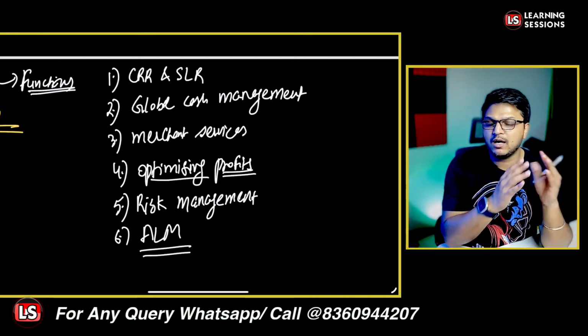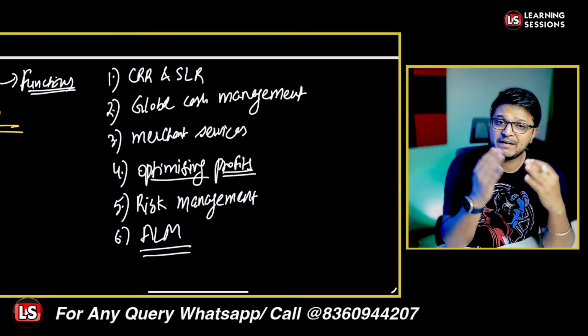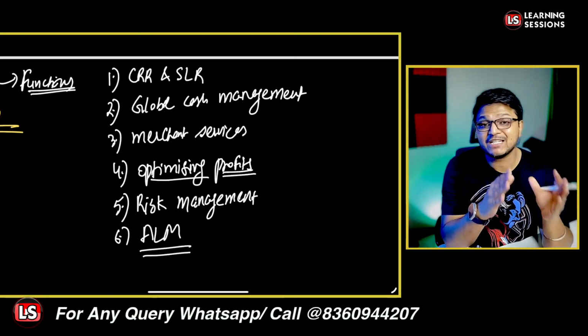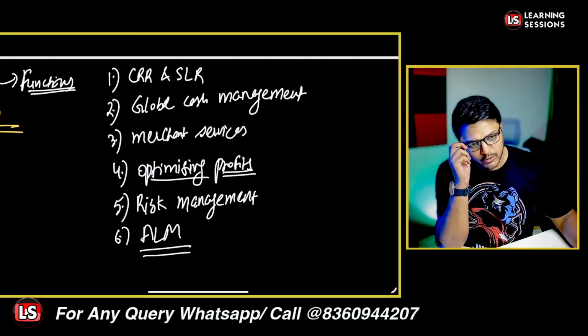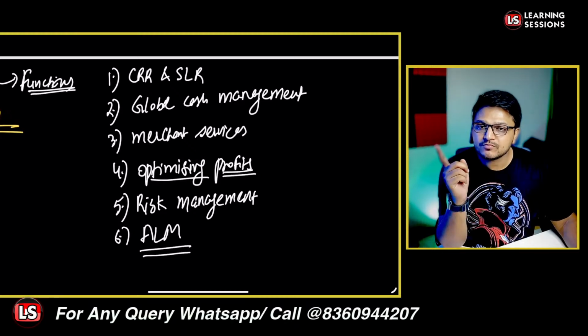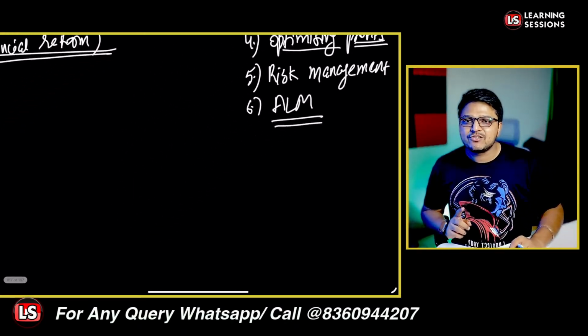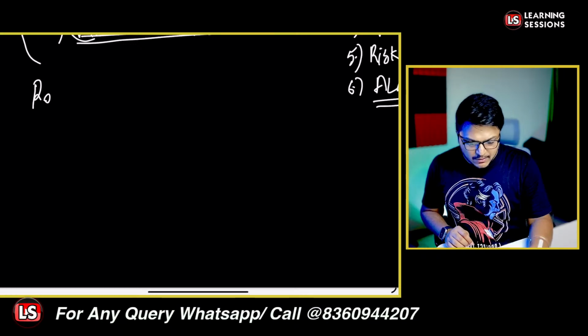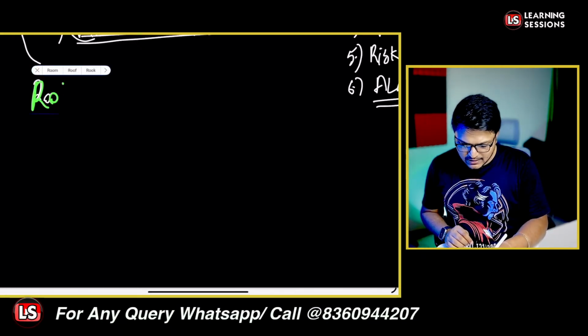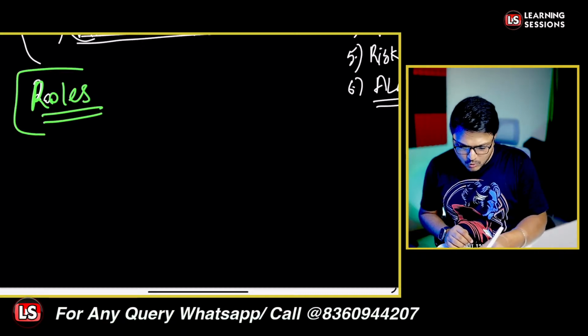If there is any maturity mismatch between the different maturity ladders or time buckets, that is also to be maintained by the treasury itself. That's also the duty of the treasury. Is that clear? Now, the treasury has three distinct roles, so we can say it's about the different roles of the treasury.